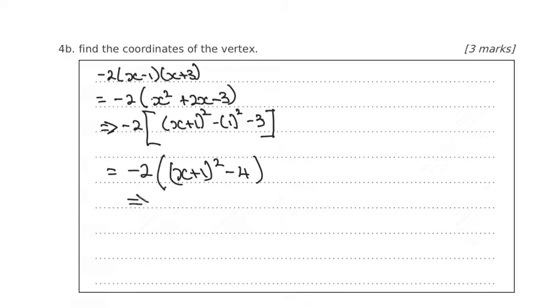Therefore, we get -2 brackets (x + 1) all squared, minus 2 times -4 is plus 8. Therefore, the vertex is at (-1, 8).